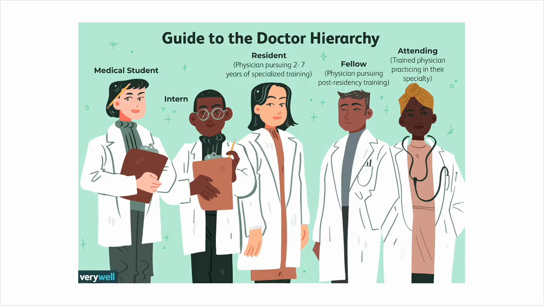The attending physician is someone who has completed their residency and is certified in their chosen specialty. They will supervise the work of the resident, also interns, and even medical students as well. And finally, the fellow is a physician pursuing post-residency training, so maybe in a more specific subspecialty area.